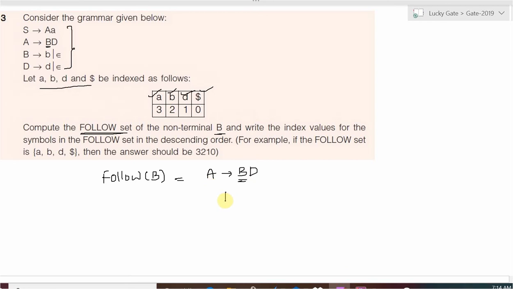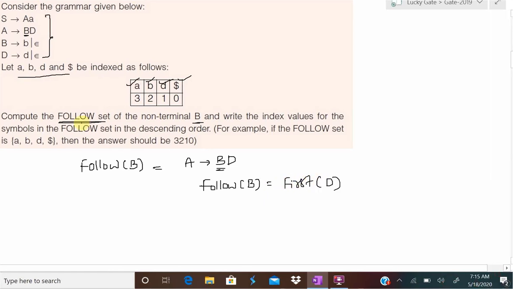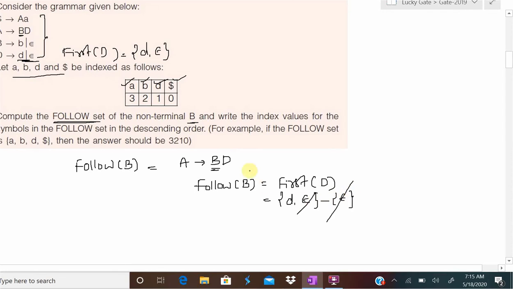Because of this, we have a rule that follow of B equals first of D. What is first of D? Here I am writing first of D equals D comma epsilon. So follow of B is D comma epsilon. When epsilon is found, we have to eliminate that epsilon, and because D is becoming epsilon, after D, is there any other symbol?